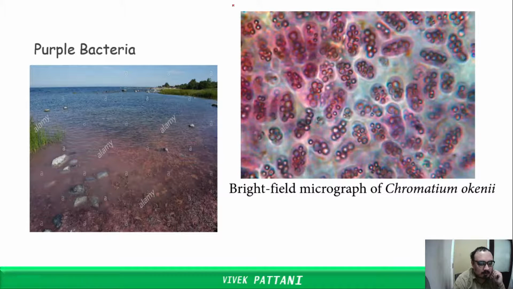And these are some of the photographs of the purple bacteria. This one is a photograph of Chromatium okenii.